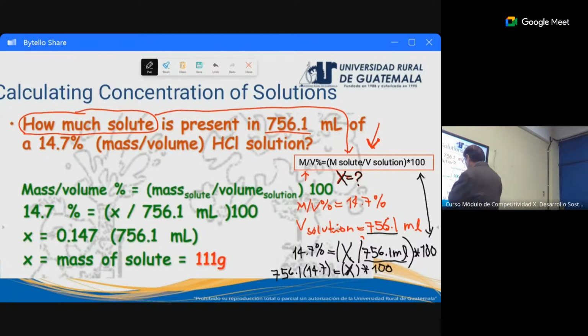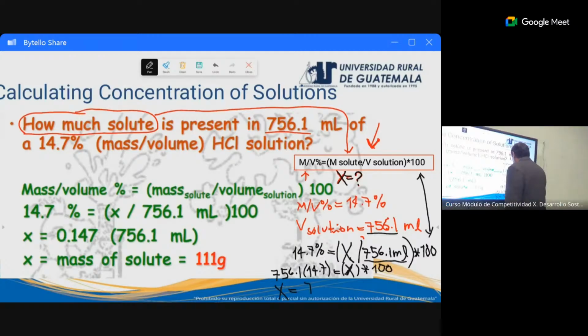Okay, so it means that x, our unknown quantity, will be equal to 756.1 multiplied by 14.7%, and then we need to divide it by 100.